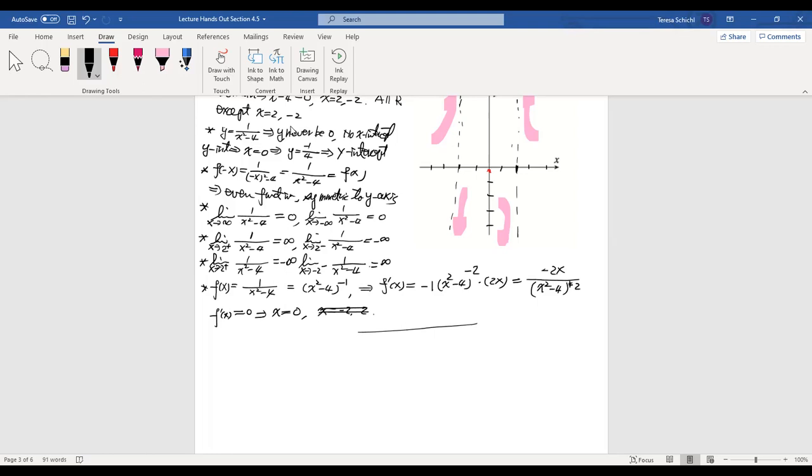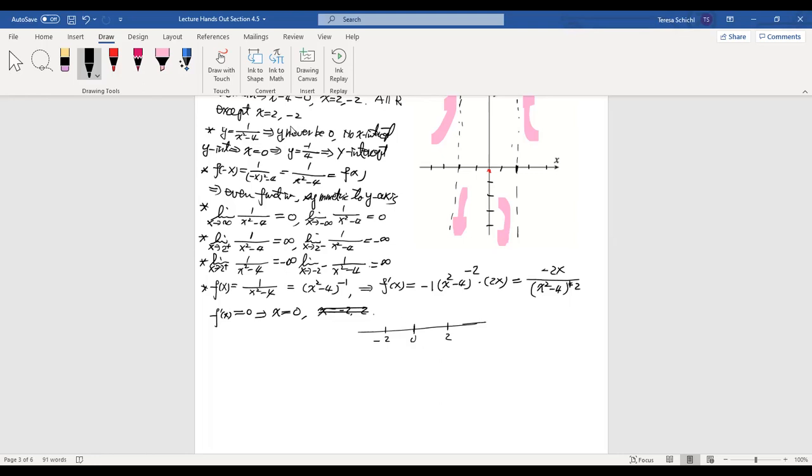Okay, so this is my 0, and I know at 2 this is not defined, right? So I mark here, this is not defined. Okay, so take a look at f prime x here. When x is greater than 0, remember the denominator is always positive, correct?